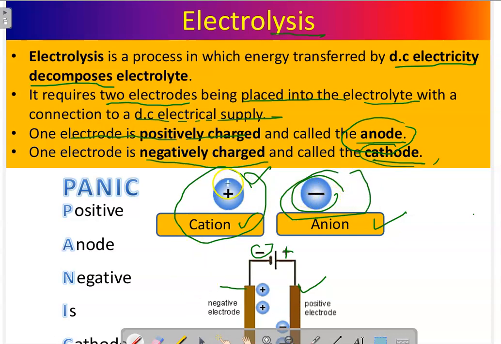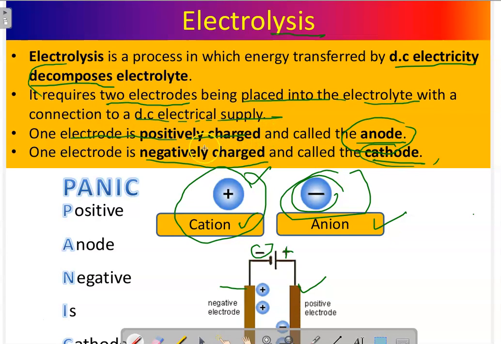Now, electrolysis, again, if I want to recap, is a process in which energy transferred by electricity or DC decomposes, in order to break up an electrolyte. And to do that, you place two electrodes into the electrolyte and connect them to a DC.